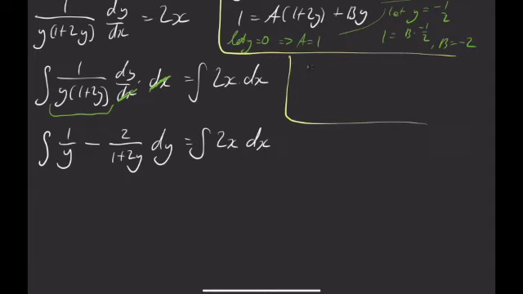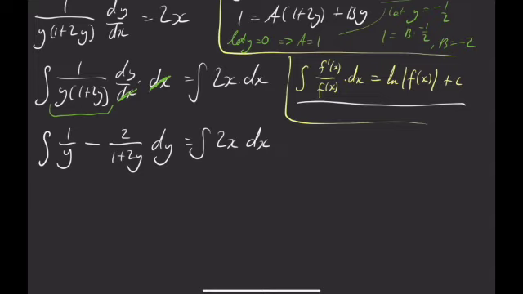The integral of a function's derivative over that function is always equal to the natural log of the absolute value of that denominator. And what do you notice about this? The derivative of 1 plus 2y is 2. So I have that nice log identity that I can use.